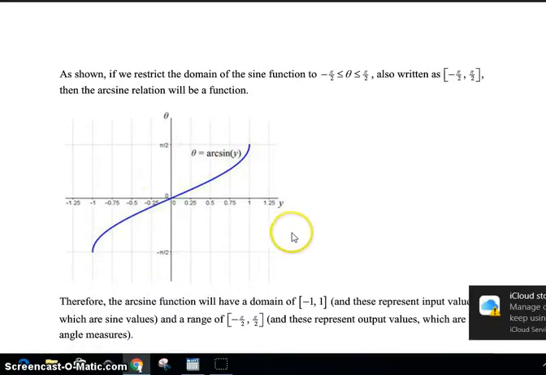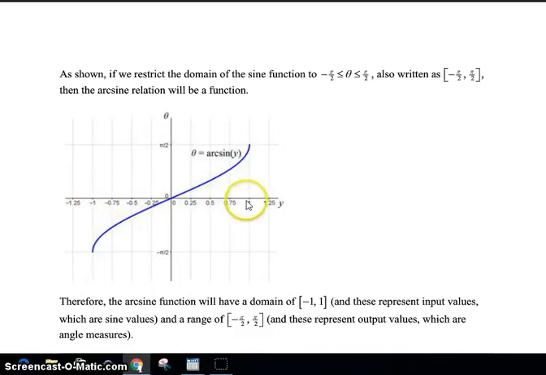Okay, and you'll see that now the domain of arcsine is -1 to 1, and that's represented down here. This used to be the output values for sine. And then if you look along the vertical, the maximum output of arcsine is pi over 2. The minimum is negative pi over 2.